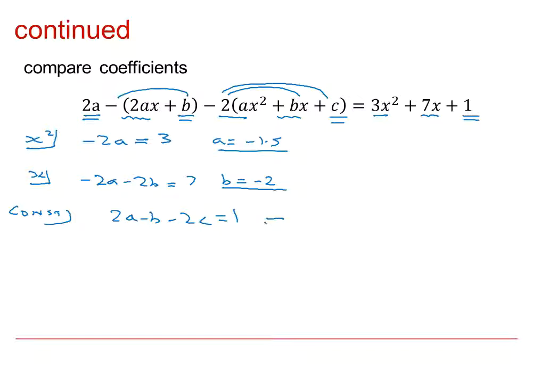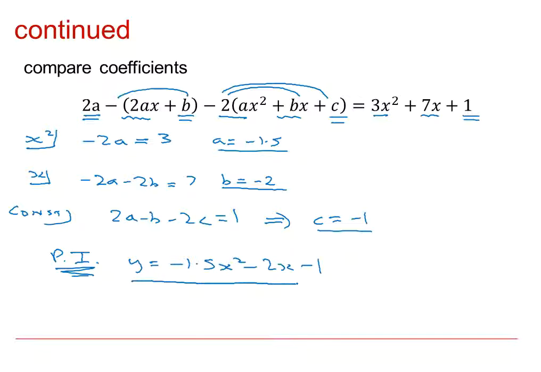And if we substitute now for a and b, we'll find the last constant c is minus 1, which gives us a particular integral which works, and it has the form y equals minus 1.5x squared minus 2x minus 1. And that's our particular integral for this problem.